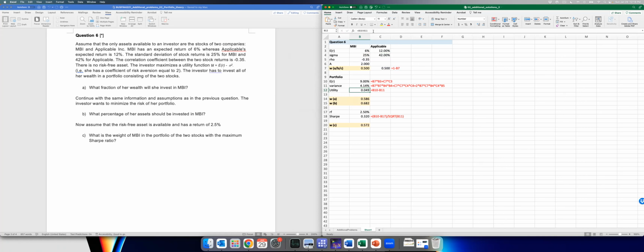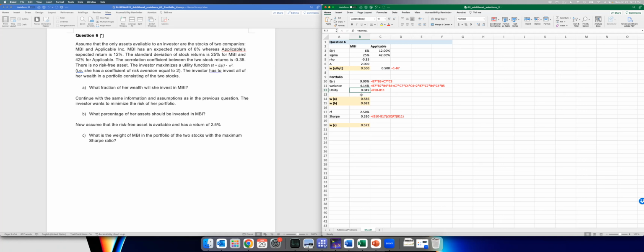The utility function equals expected return minus variance. So if we put 0.5 weight in NBI, 0.5 weight in Applicable, we will get a utility level of 0.049.